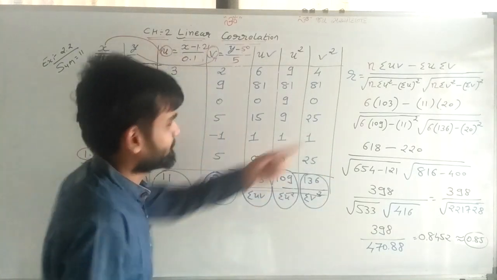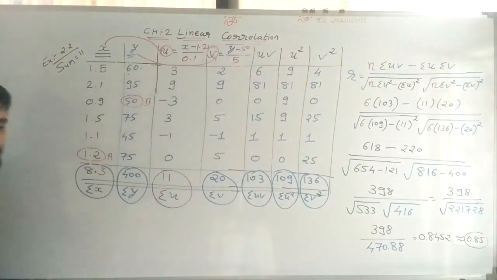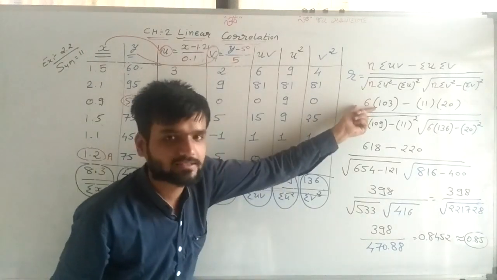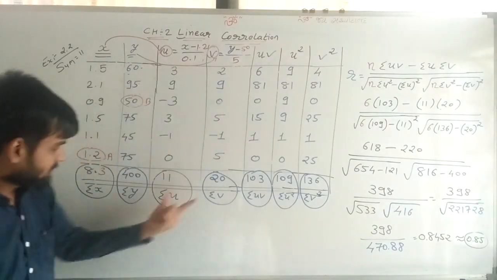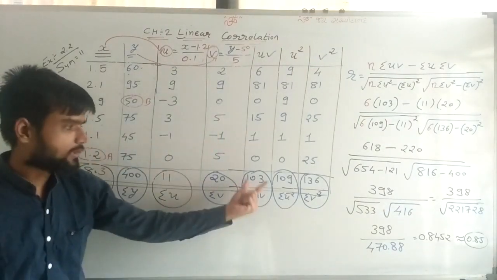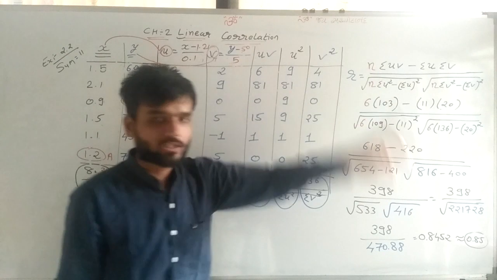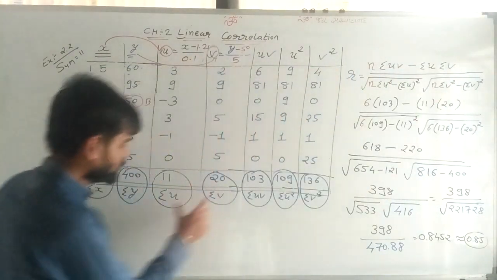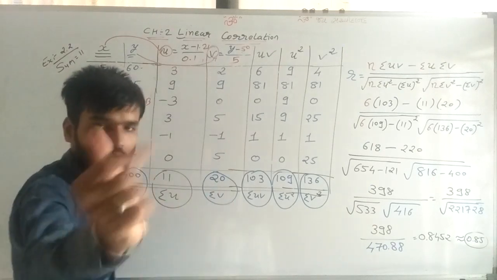Just try to understand. Number of observations: 1, 2, 3, 4, 5, 6. So number of observations is 6. Sigma uv here is 103, minus sigma u into sigma v. Sigma u is 11, sigma v is equal to 20.